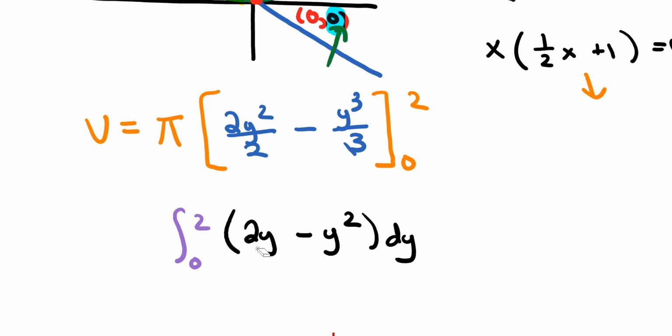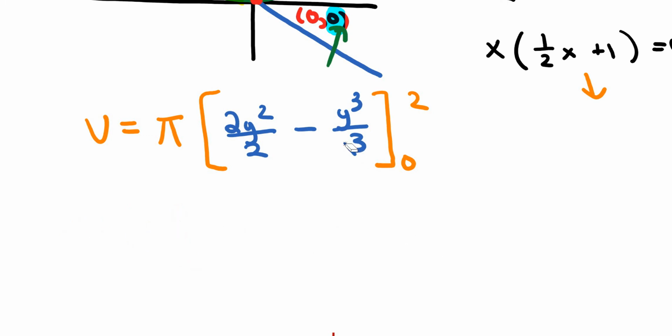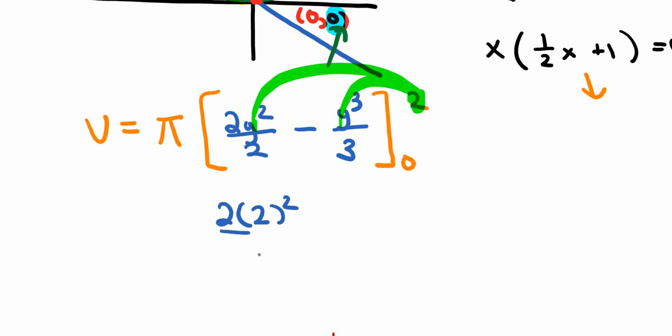Okay, let me just erase all this now. And now we can just insert our upper bound of 2 for my y's. And if I do that, I get 2 times 2 squared divided by 2 minus 2 cubed divided by 3.